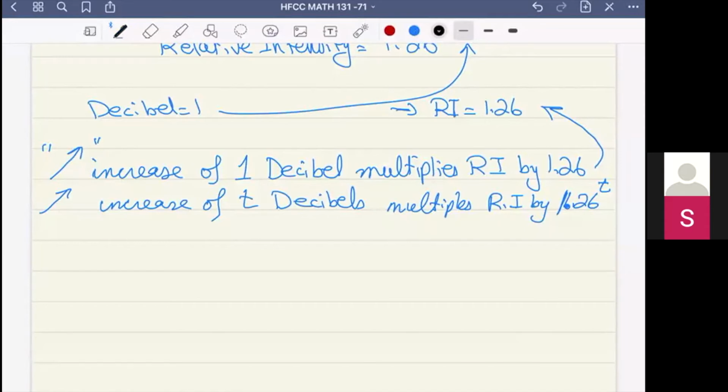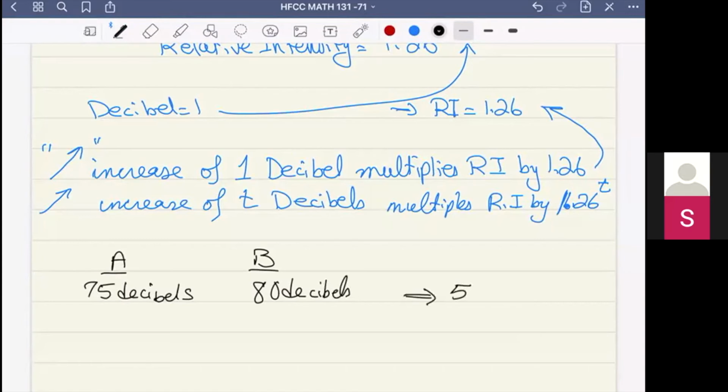Just like we had other examples, let's say I'm comparing sound A and sound B. This one has, let's say, 75 decibels. This one has 80 decibels. And we are comparing them. We say that is a 5 decibel difference. So an increase of 5 decibels means 1.26 to the power 5, which is about 3.2.